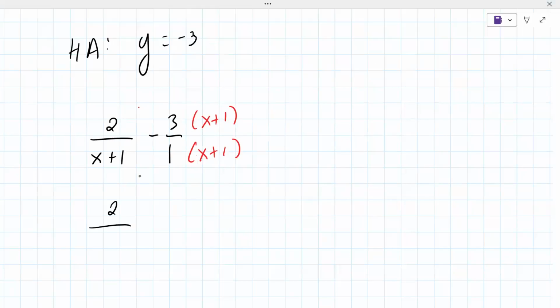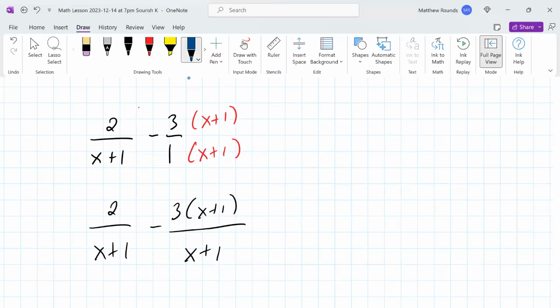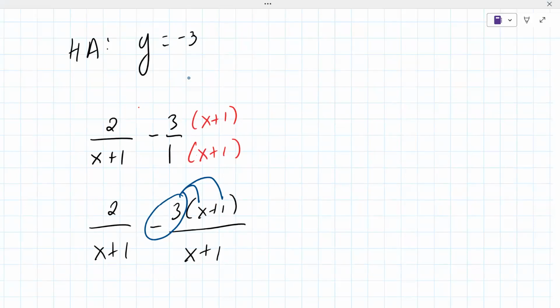So it's 2 over x plus 1 minus 3 times x plus 1 over x plus 1. You want to treat it as -3 multiplying in here.